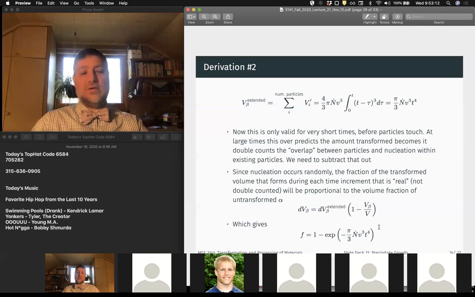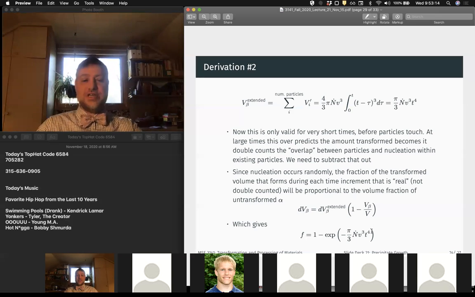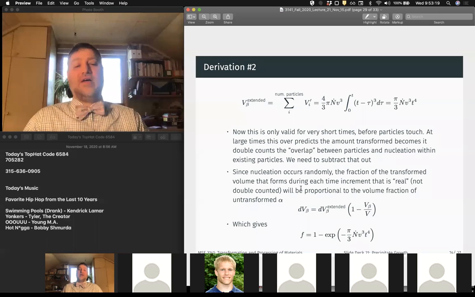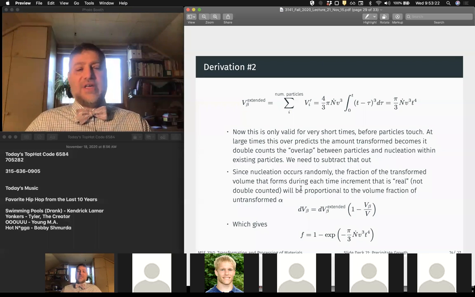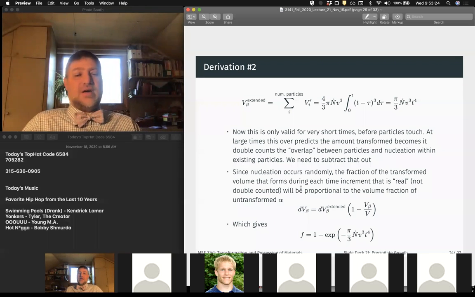If you want, you can play with the equations, but the main idea is that all of this is going to be proportional to the amount of alpha that's left. And so with this equation, you can see when t is very small, this approaches 1, so our fraction is 0.